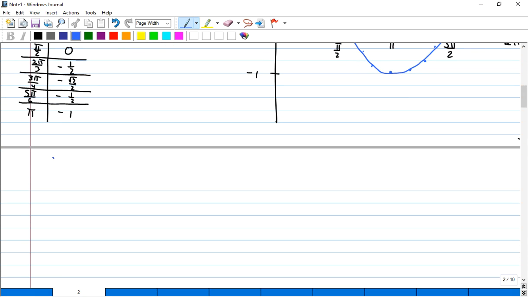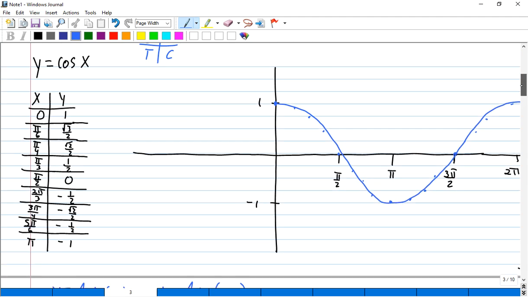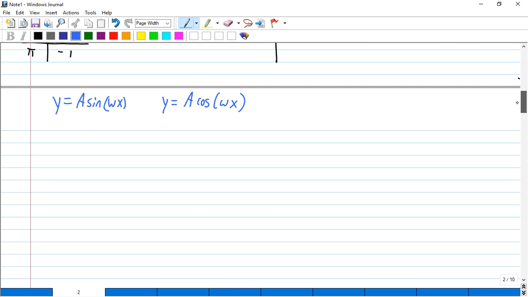So if we have y equals a sine of omega x, or y equals a cosine of omega x, changing the a changes the high point and the low point. So what does that mean?